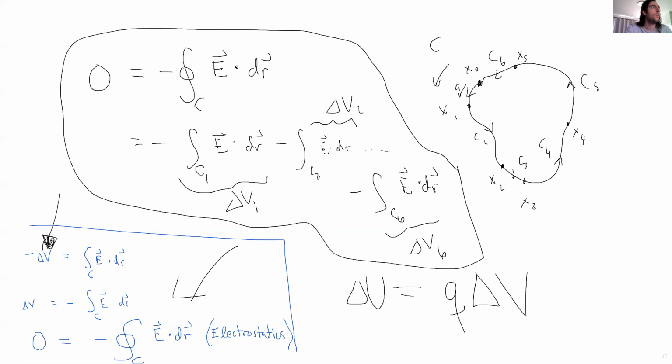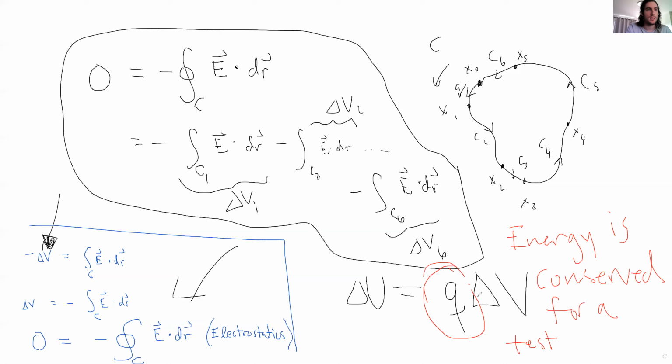Okay, and so what we've just shown is that energy is conserved here for a test charge. This guy right here is a test charge. Maybe we should call it Q0. Energy is conserved for a test charge along closed paths.